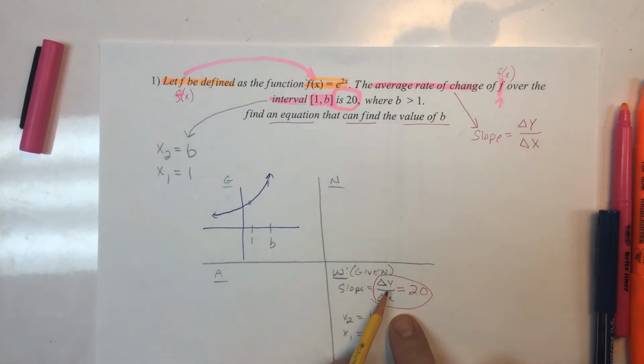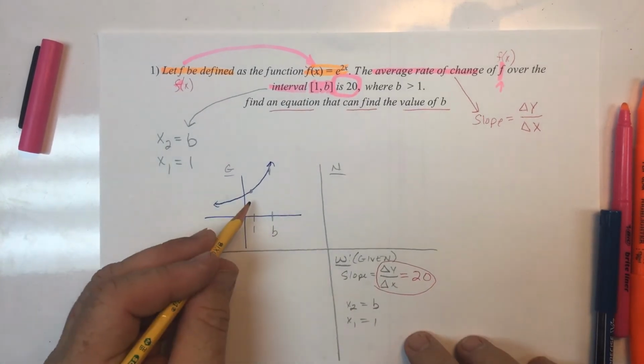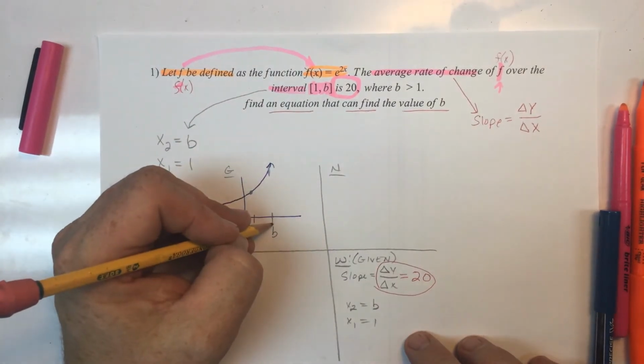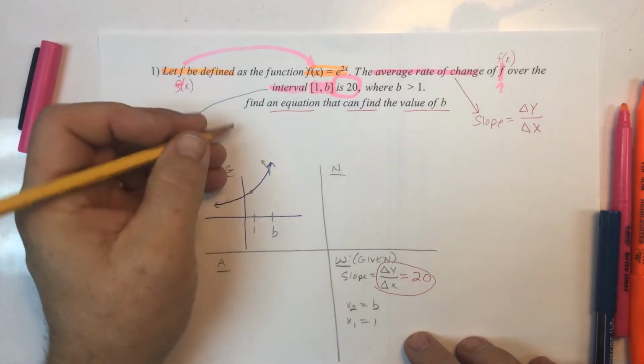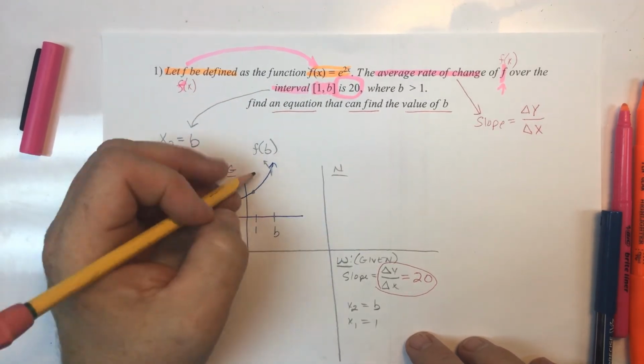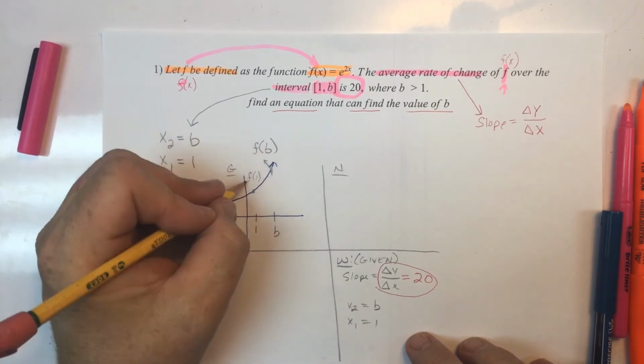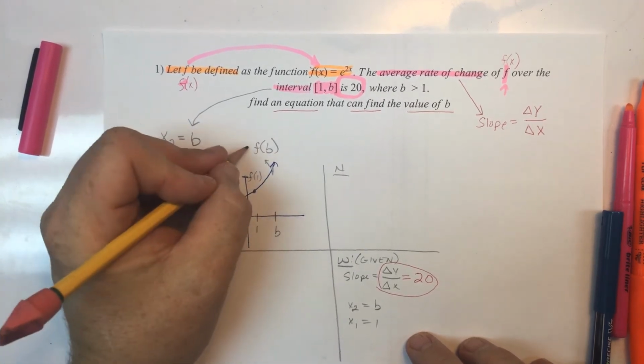That's my x1 and x2 right here. I also know that if I plug in b, I get out f of b, whatever that is. And if I plug in 1, I get f of 1. So these are my y values.